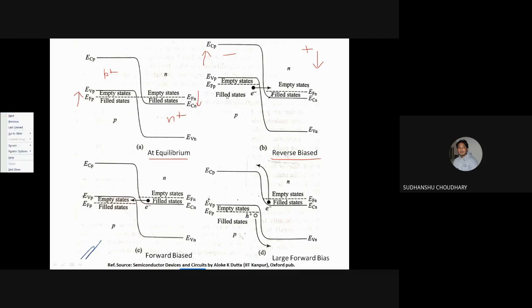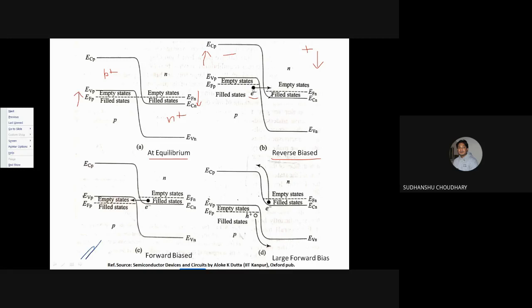So we see that the filled states have moved up, where earlier they were here. Similarly, the empty states have moved down. In fact, you will find that filled states are now in front of the empty states on both sides. The filled states are filled with electrons, the barrier is already thin, and the states on the other side are empty, so quantum mechanical tunneling can happen.